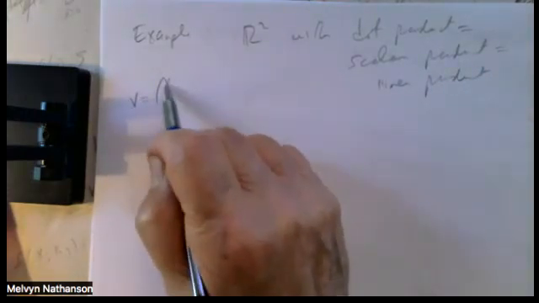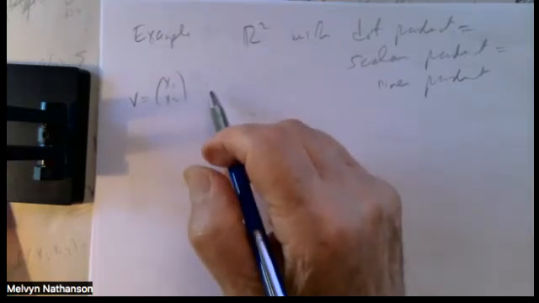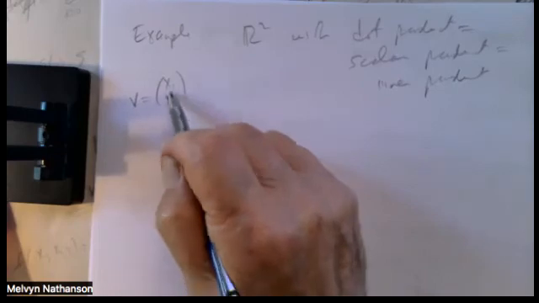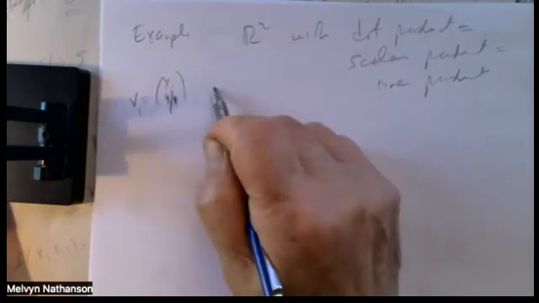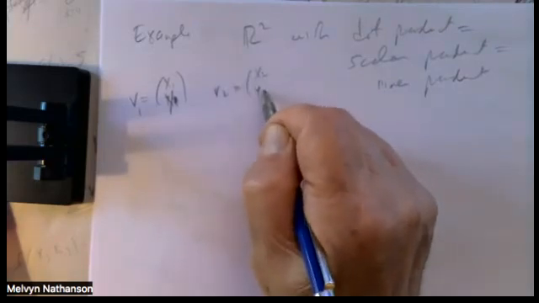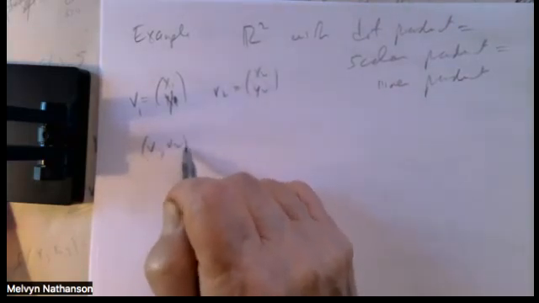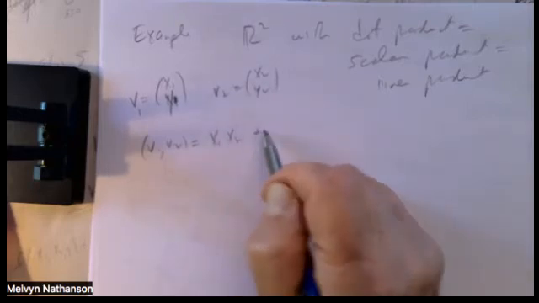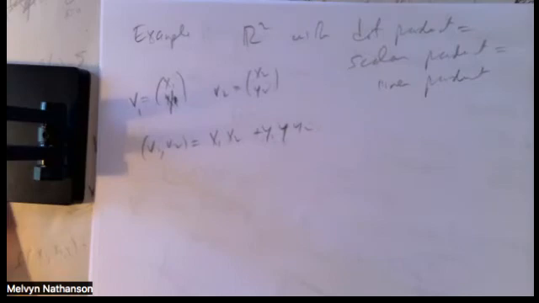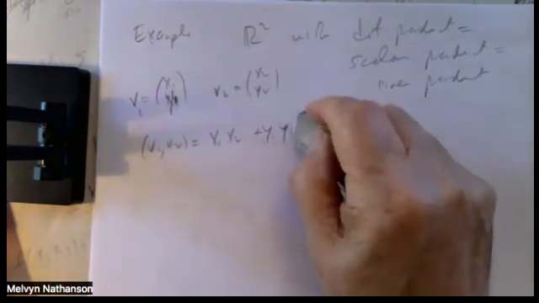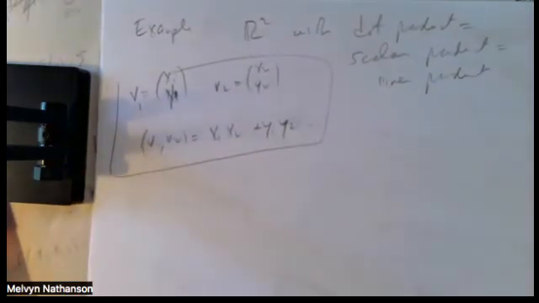If v1 is the vector (x1, y1), and v2 is the vector (x2, y2), the inner product of v1 and v2 is x1 x2 plus y1 y2. So you can't take linear algebra, I think, without Calc 3. So you have to have seen this already. If you haven't, it doesn't matter. I'm defining it for you right now.